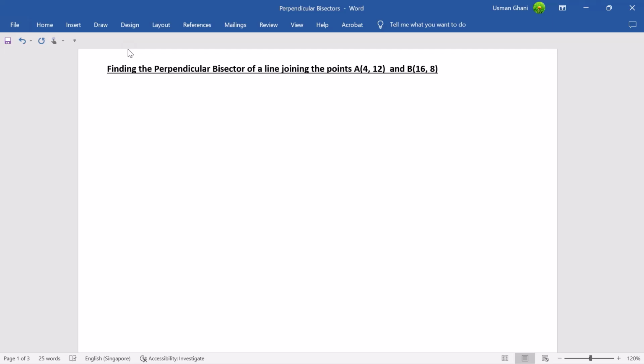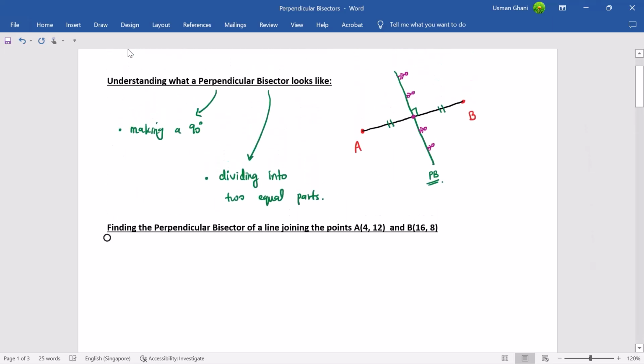So first of all, I need to find the gradient of the line AB, right? Why is that necessary? Because if I can find the gradient of the black line, I can take its negative reciprocal and find the gradient of the green line. Because we know that perpendicular lines follow a negative reciprocal relationship in their gradients.